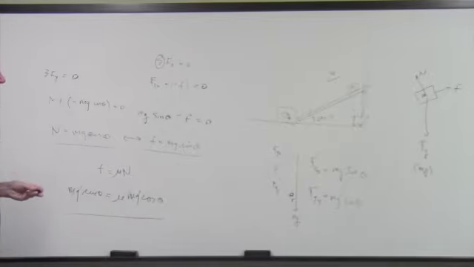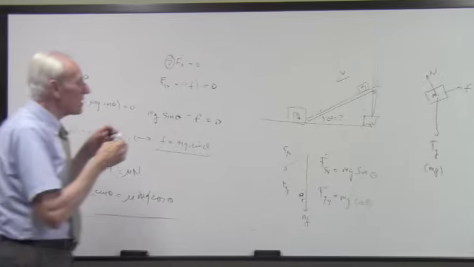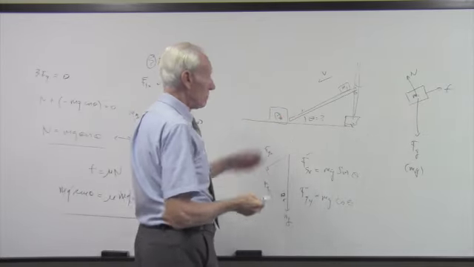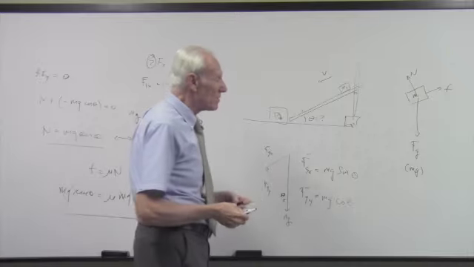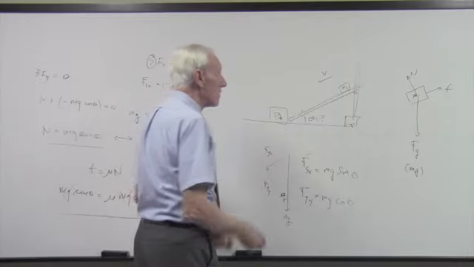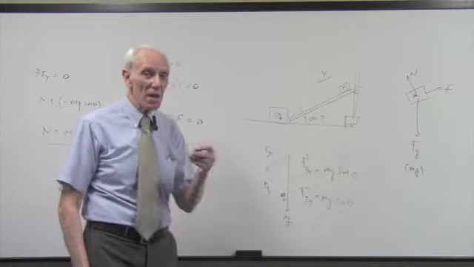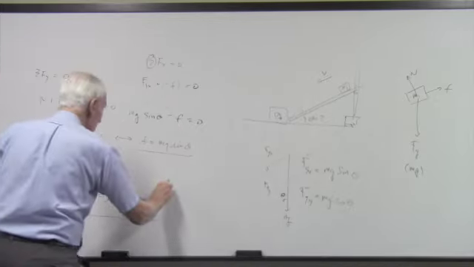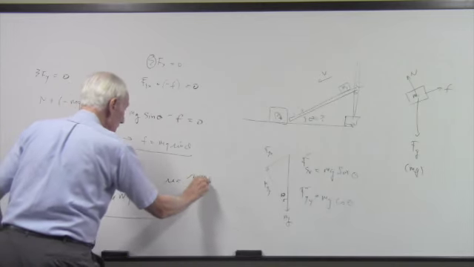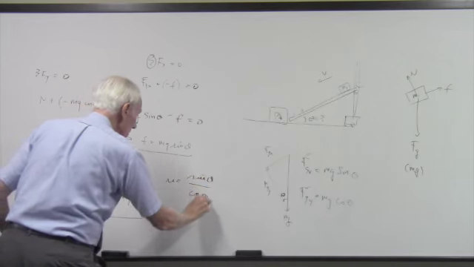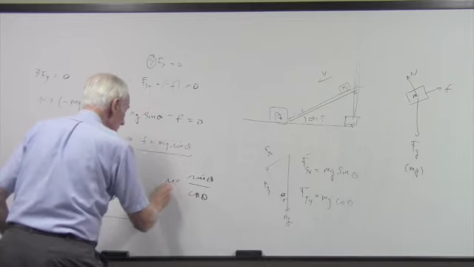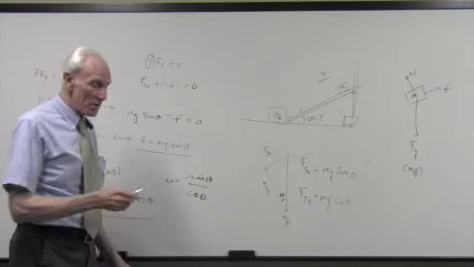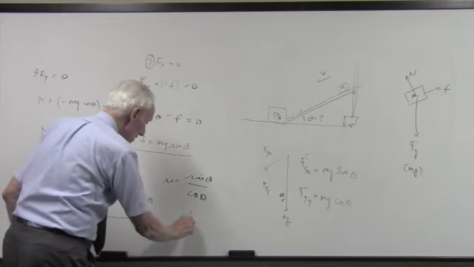So that says that if you have a big chunk of wood that's the same kind of wood as this, or a small chunk of wood made out of the same material, which gives you the same coefficient of friction, it's going to slide down at the same angle. Okay, and solving for mu, mu is sine theta over cosine theta, which you all know, I'm sure, is the tangent.